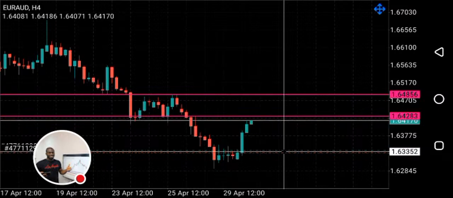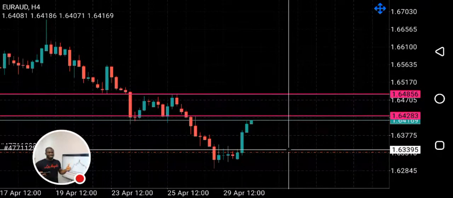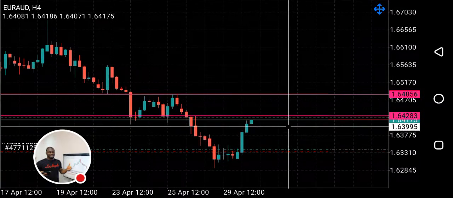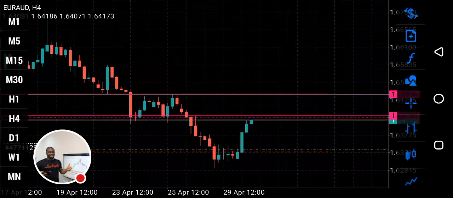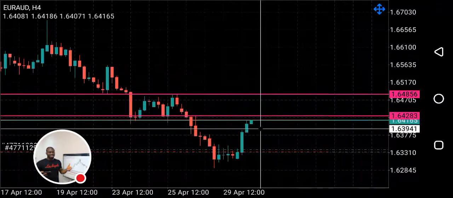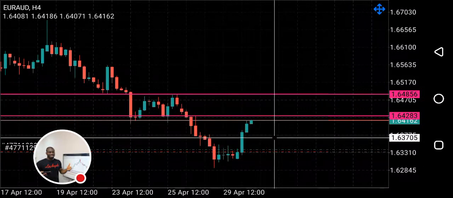What I need to do now is just adjust my stop loss to this entry level in case I'm not online to exit the trade manually. But definitely, I'm watching the charts. Immediately price pulls back to a certain level, I would close the trade manually. I can't wait for it to get to break even. Immediately I see a bearish reversal pattern form and the support is broken, I can just exit the trade manually.